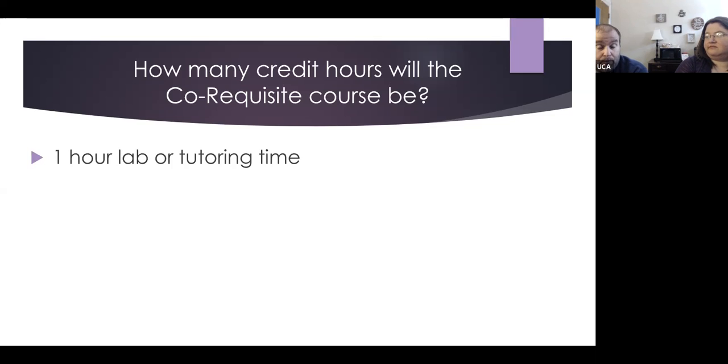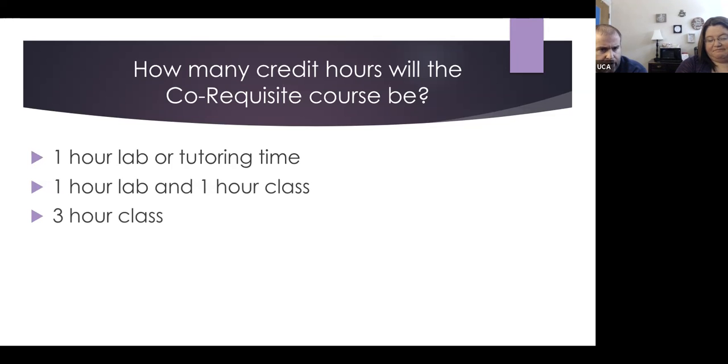So they might even bump that 1 hour up for credit. We have seen institutions do a 4 hour, all 4 hours be credit, instead of the 1 hour being not for credit. So you do have that option. We've seen a 2 hour, 1 hour lab and a 1 hour class that's added to the side of the 3 hour college algebra course or writing course.